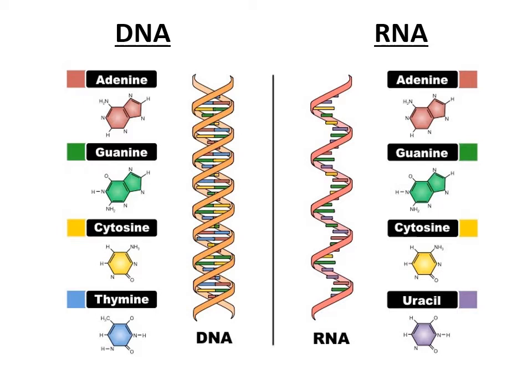RNA can be a copy of DNA within the nucleus and then travel to the cytoplasm, and we'll get to that on another slide. What is RNA made of? The bases are adenine, guanine, cytosine, or uracil. Notice that thymine doesn't exist in RNA.